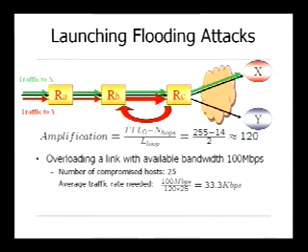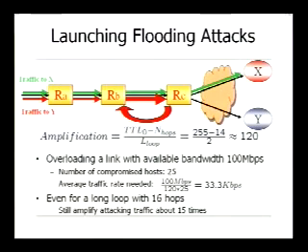So the average traffic needed to overload the link is almost 33 kbps, so it is quite feasible to get this rate. Even for long loops that have 16 hops, they can still amplify the attack traffic about 15 times.